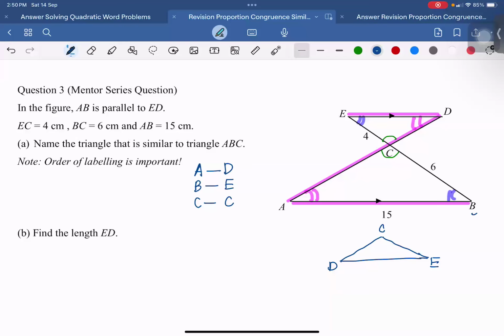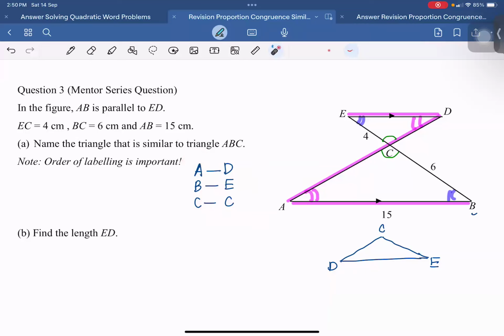So the question says, name the triangle that is similar to triangle ABC. ABC will be similar to which triangle?